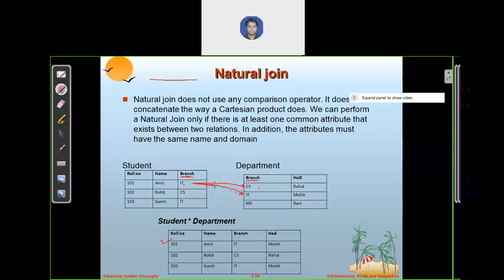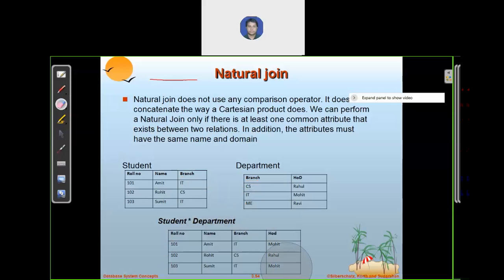For the second record, same: where it is equal, we will consider it, and where it is not, we will not. IT in this case is matching, so it is considered; otherwise it is not considered for the resultant relation.